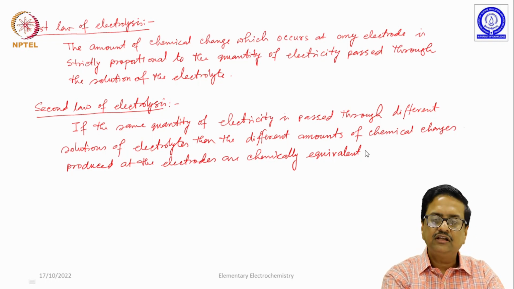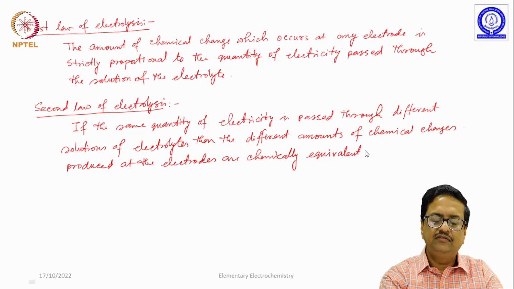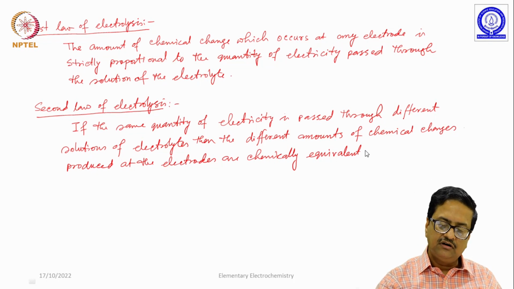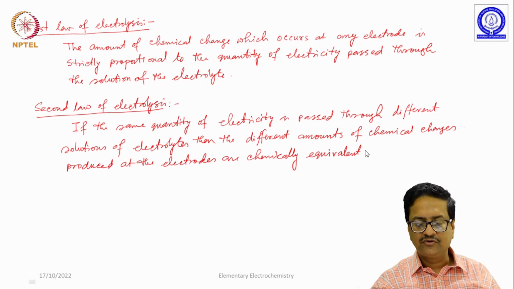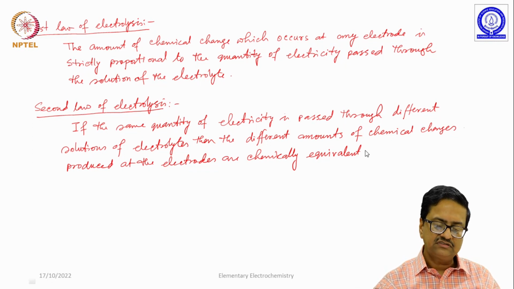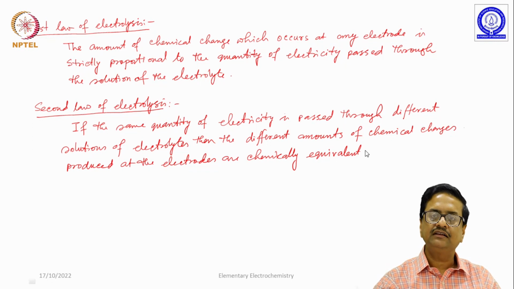or it may be deposition of a metal, or it may be dissociation of a metal from the electrode. So the amount of metal deposited or amount of metal dissociated out from the electrode, or the amount of gas that is produced in a given electrode, these relative amounts are directly related to the quantity of electricity passed.